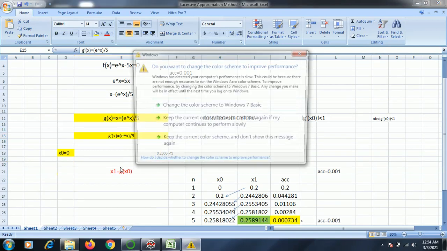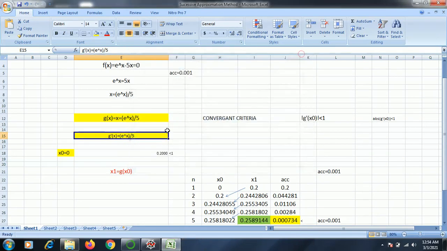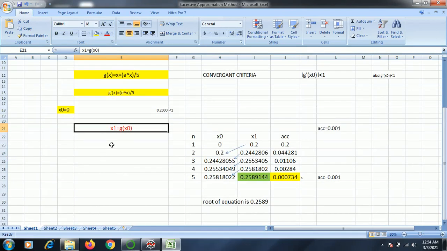Further, how to find the root of a given function in the successive approximation method? It is given by x1 equal to g of x0. In the Newton-Raphson method it was x1 equal to x0 minus f of x0 divided by f dash of x0. Here it is just x1 equal to g of x0.